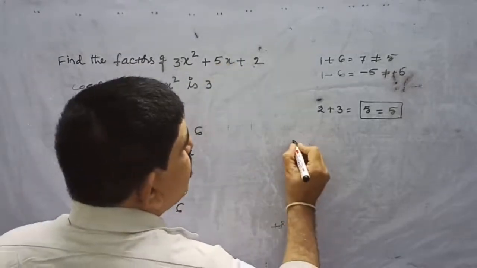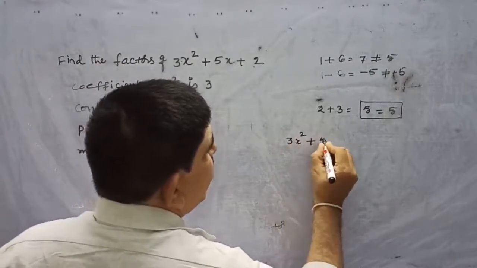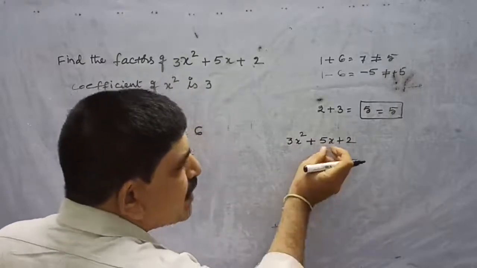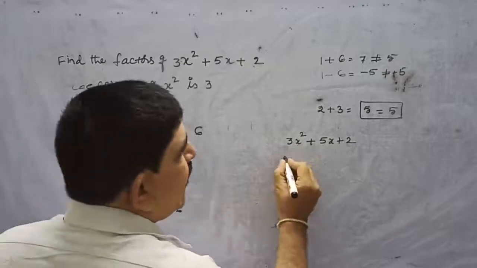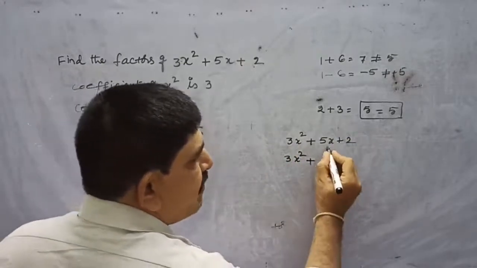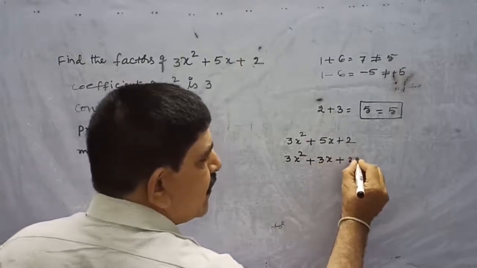Therefore, this can be written as 3x square plus 5x plus 2. This is the given problem. Then we split the middle term by using the factors. So 3x square plus 5x can be written as 3x square plus 3x plus 2x.